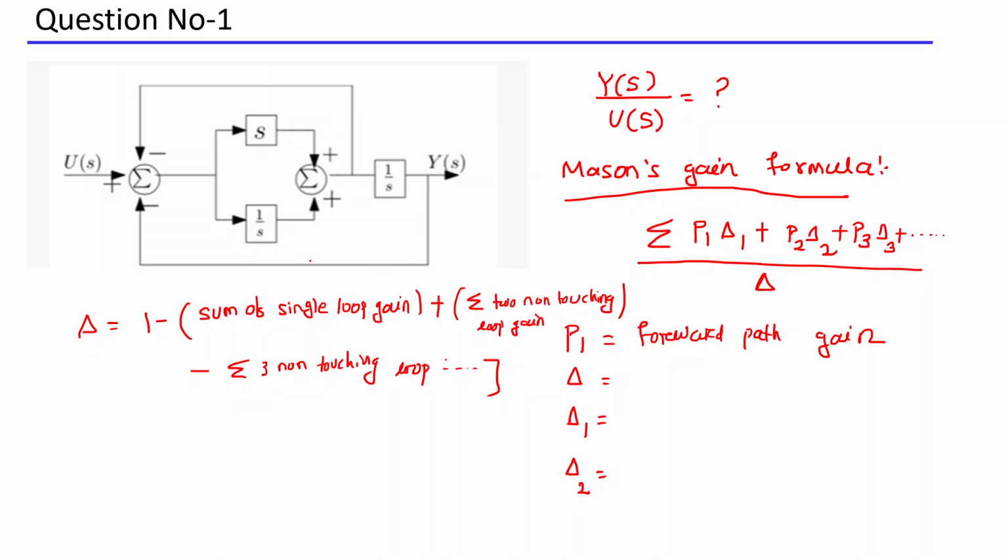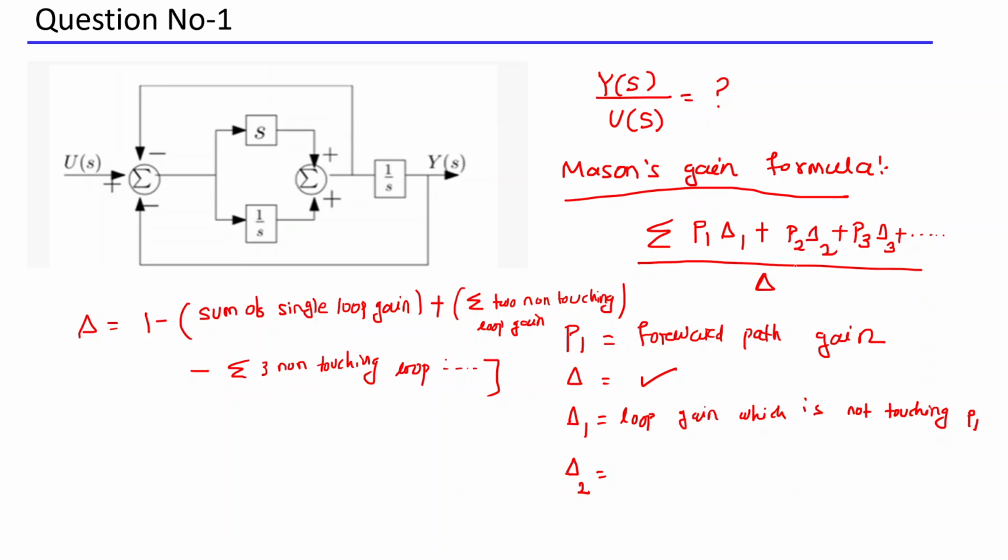I'll give an example and solve it with this formula so you understand what delta is. Then what is delta 1? Delta 1 is the loop gain of the loops which are not touching P1, the forward path gain. Emphasize this line. Similarly, P2 is the second forward path gain if there are two forward paths.